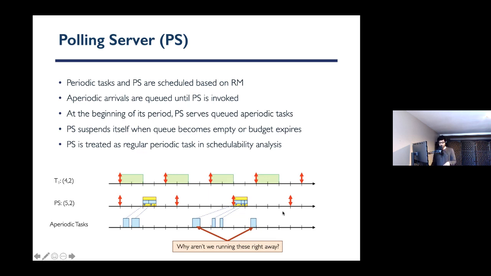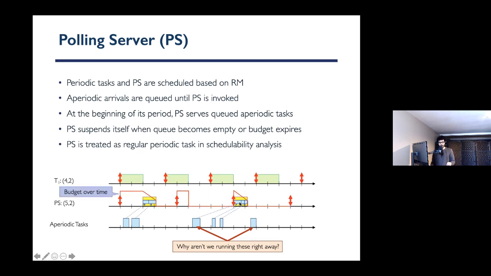Now, as you can see, this is kind of inefficient, because here this aperiodic task came within the time that I could have run it. I could have executed it, right? But because my budget went from whatever it was to 0, I don't have any budget, so it will have to wait for the next period.